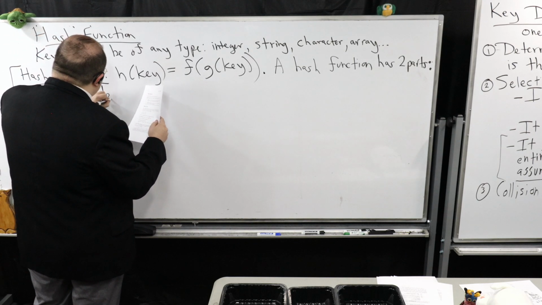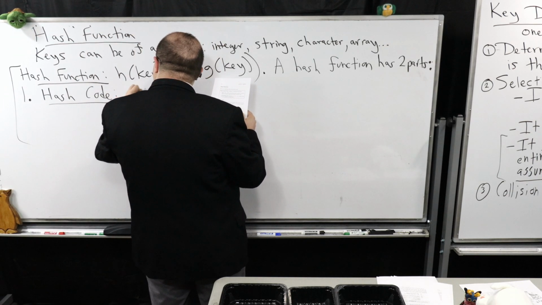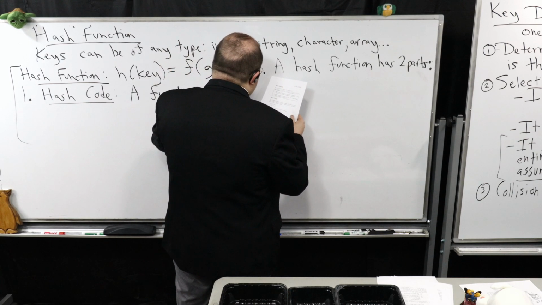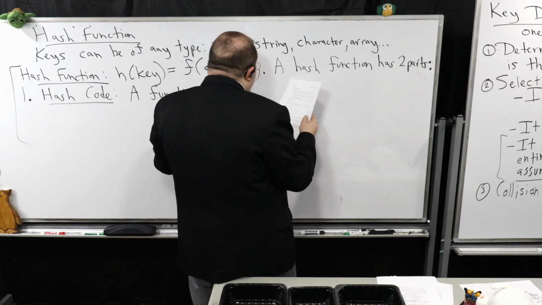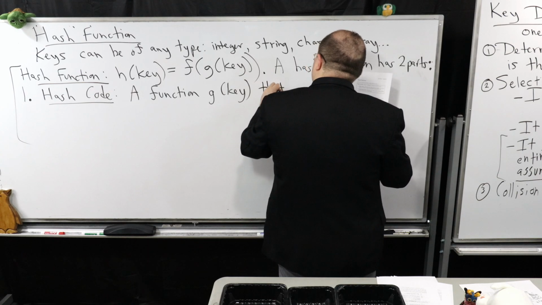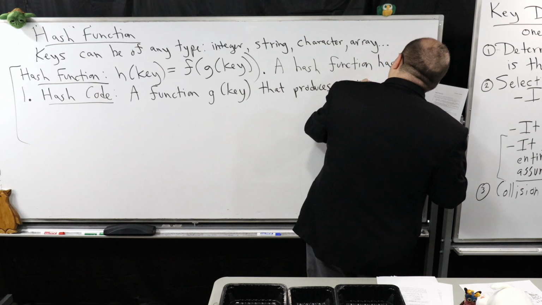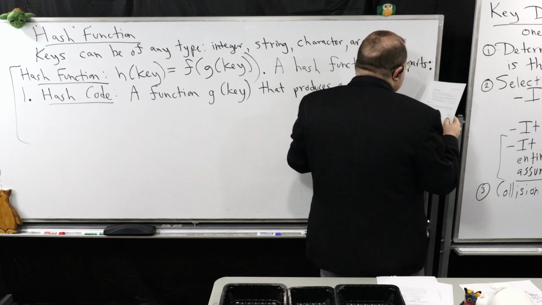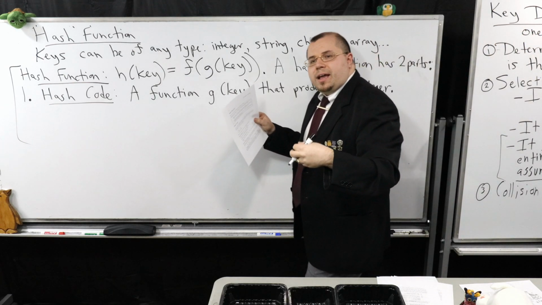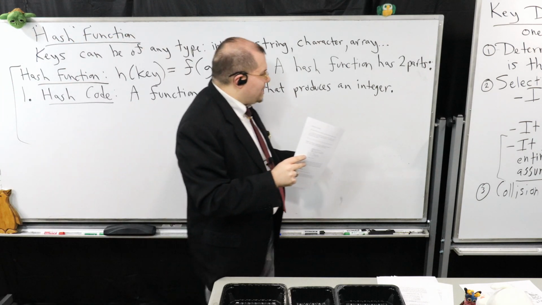This is the function g, and it produces an integer. So what will happen is I give it a key, and it'll spit out an integer at me. That's the job of g. That's what the hash code's job is.